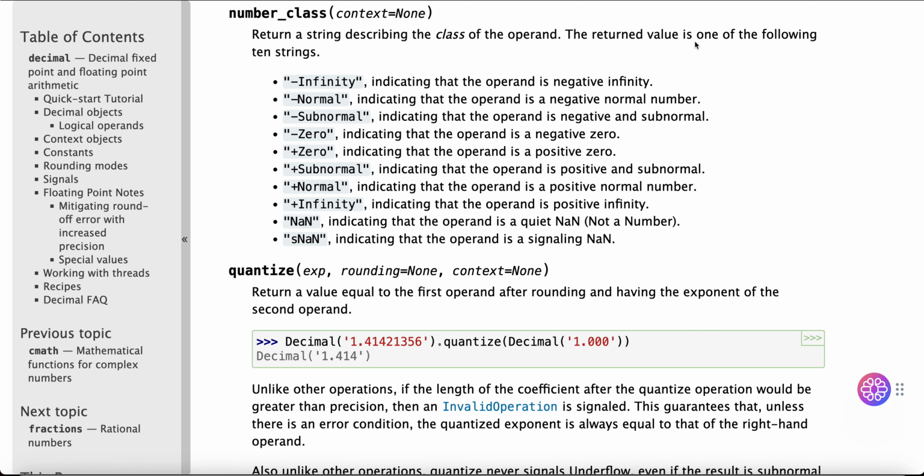The returned value is one of the following ten strings: -Infinity, indicating that the operand is negative infinity; -Normal, indicating that the operand is a negative normal number; -Subnormal, indicating that the operand is negative and subnormal; -Zero, indicating that the operand is a negative 0; +Zero, indicating that the operand is a positive 0; +Subnormal, indicating that the operand is positive and subnormal; +Normal, indicating that the operand is a positive normal number; +Infinity, indicating that the operand is positive infinity; NaN, indicating that the operand is a quiet NaN, not a number; sNaN, indicating that the operand is a signaling NaN.